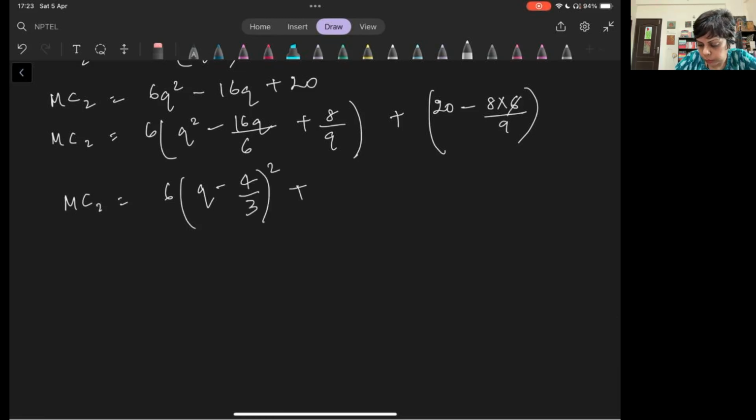Yes, you can simplify it. 16 by 3, and this again we can simplify.